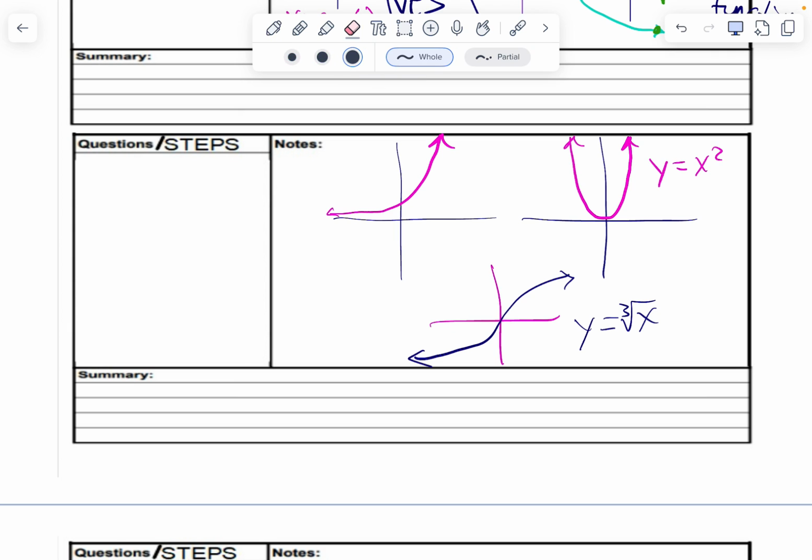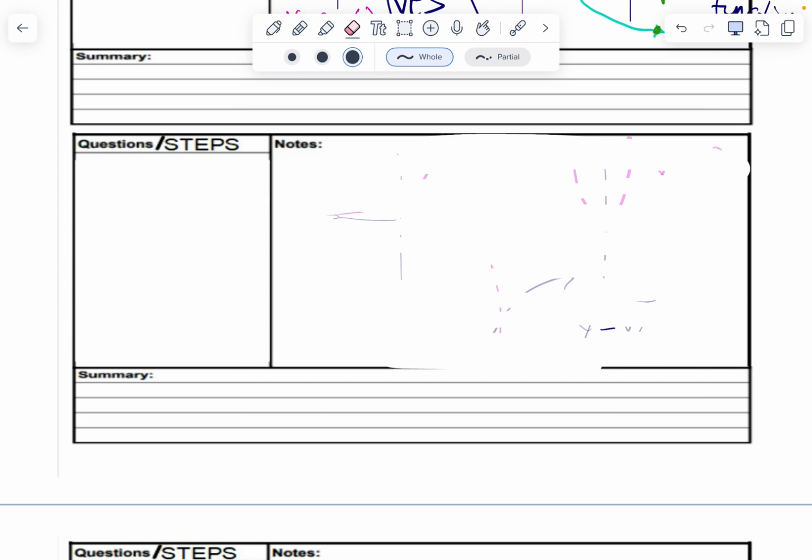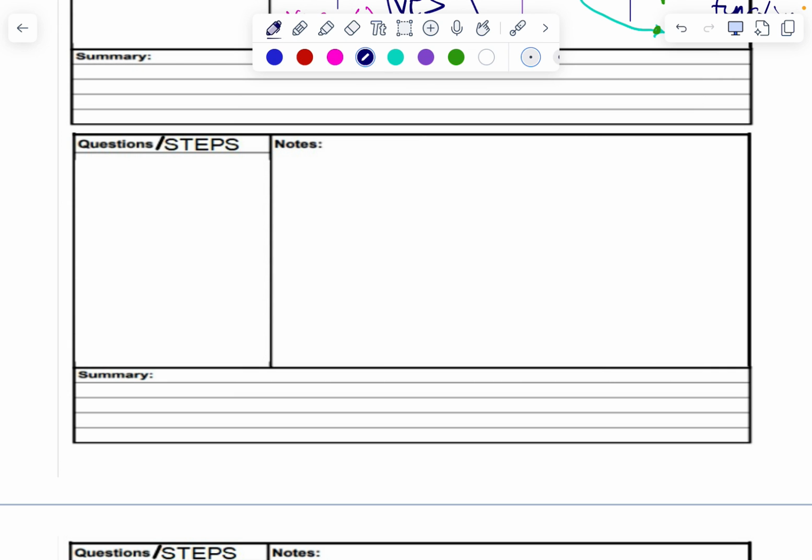Is there an opposite to the exponential function, where it starts up by infinity and then goes down? So exponential is e to the x. Well, e or 2 to the x. Let's just do 2. It goes like that.